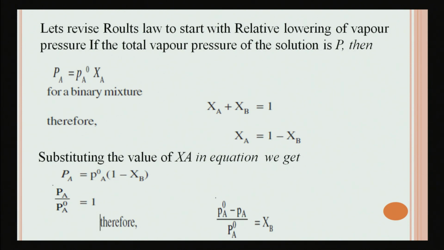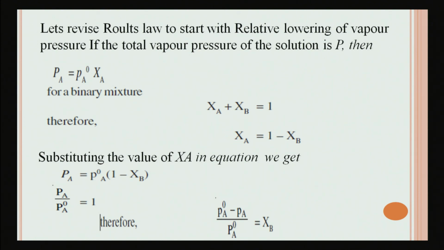Now, substituting the value of XA in the equation, we get PA is equal to P naught A (1 minus XB). So, PA upon P naught A is equal to 1 minus XB. Therefore, (P naught A minus PA) upon P naught A is equal to XB. This is Raoult's law. Now, continuing with that, it will be more clear to you.